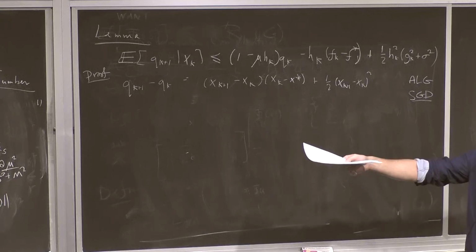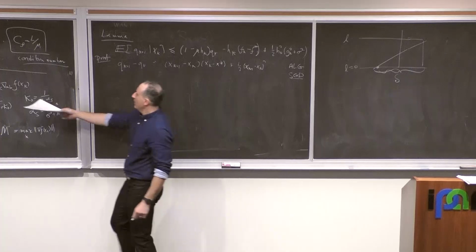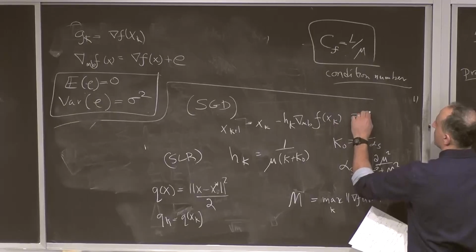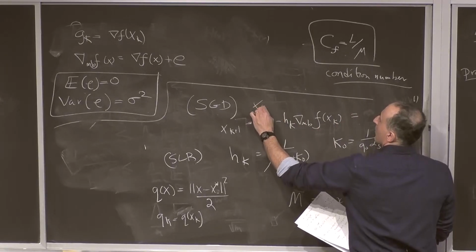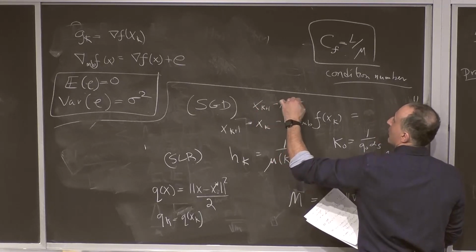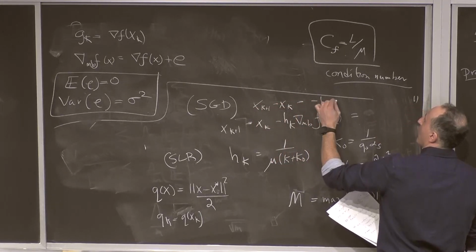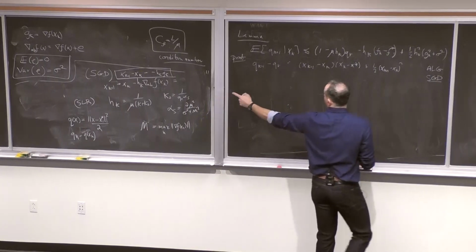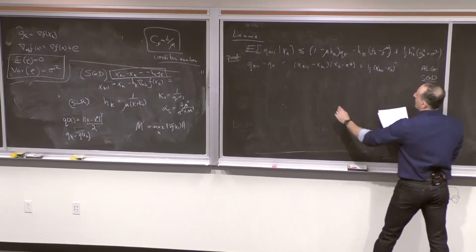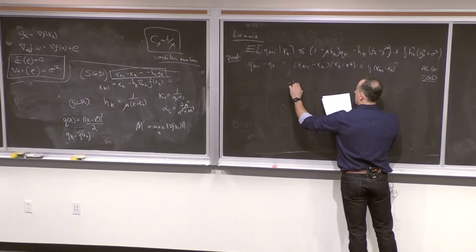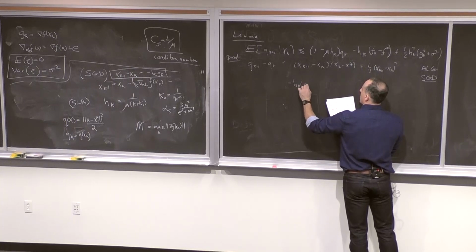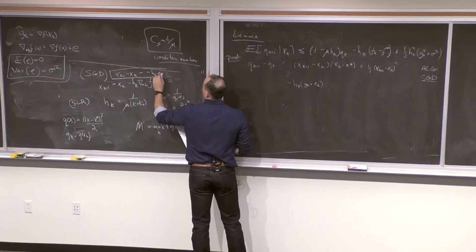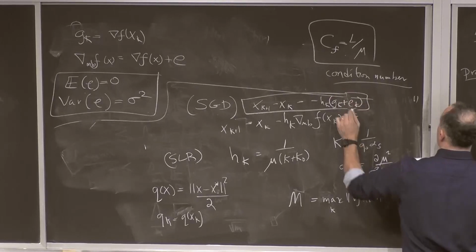SGD is telling me something about the difference between xk plus 1 minus xk. I've got the h and I've got the gradient. And I'll just rewrite that. So I just plug in the h and the g there. So it's minus hk, so it's that.